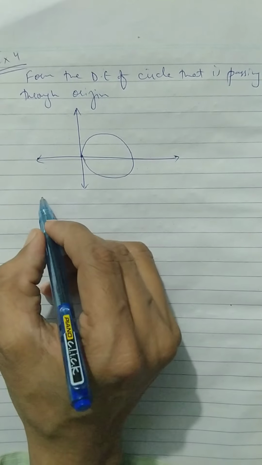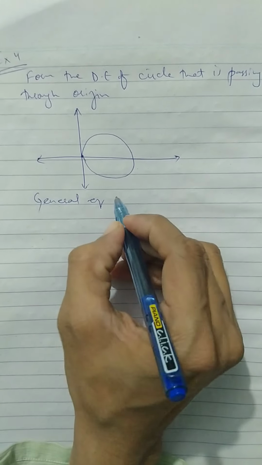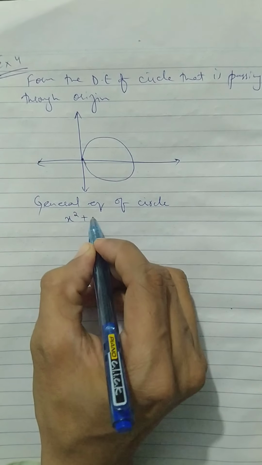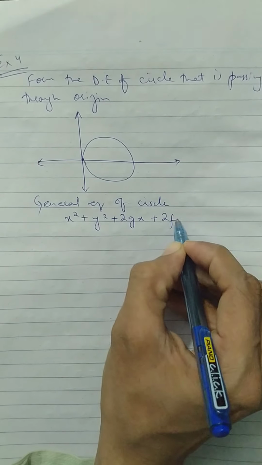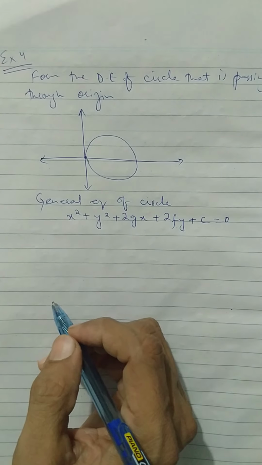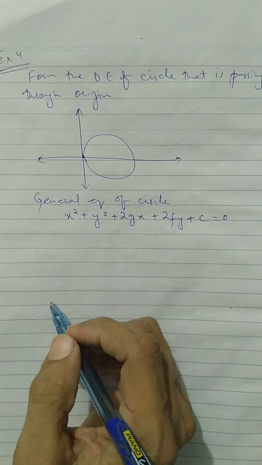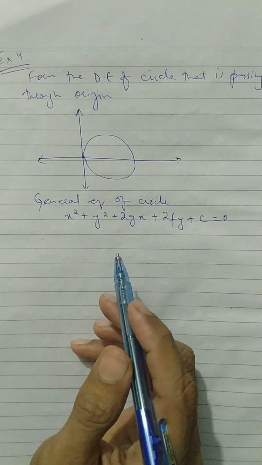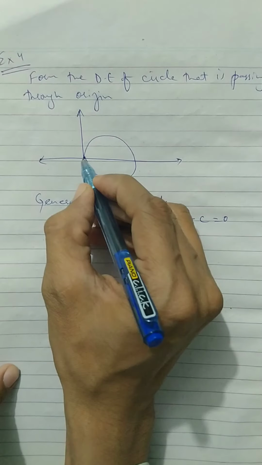That means we can consider the general equation of circle, that is x square plus y square plus 2gx plus 2fy plus c equals 0. This is the general equation of circle. If the circle is passing through origin, this equation will satisfy this point.